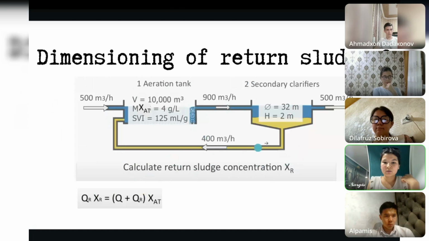However, I'm giving you a reverse question where we don't know QR, but we know the backflow, the backflow flow rate. So now we should find XR by means of calculation.